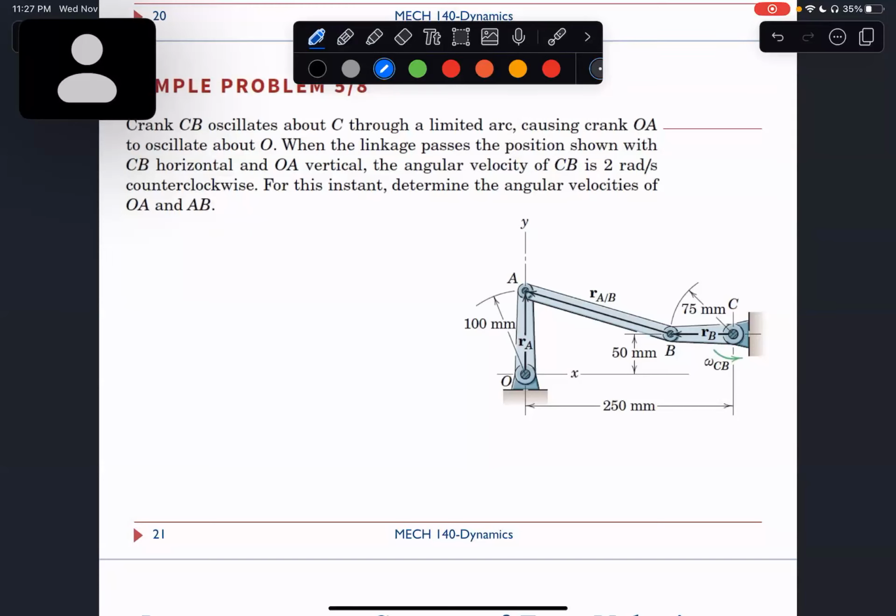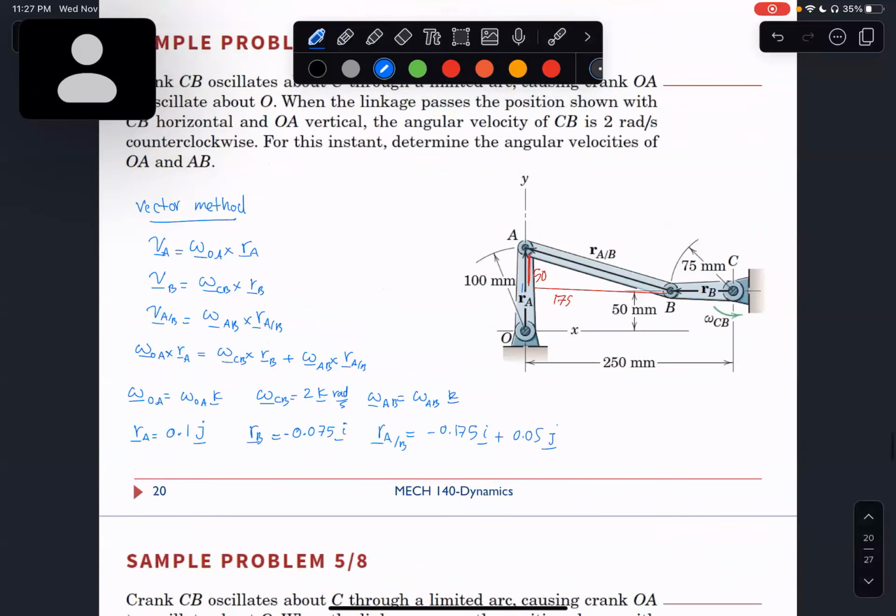Now, all I'm going to do is put these vector forms of omegas and r's into this equation. Let's call this equation 1.